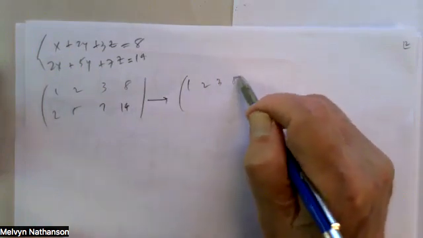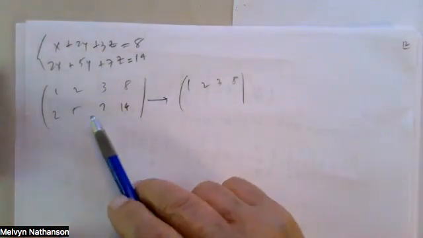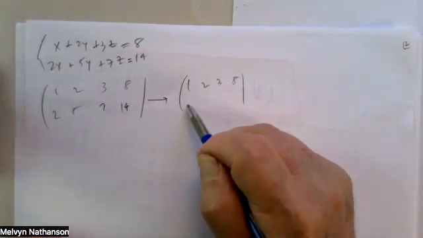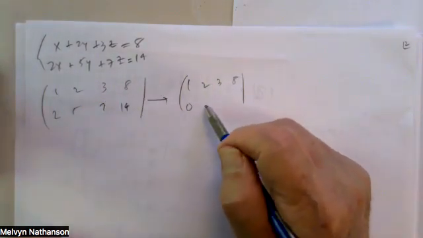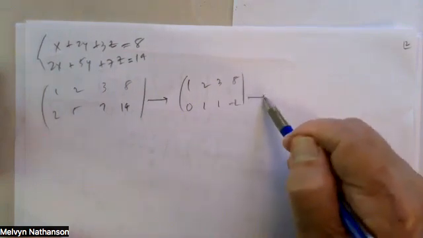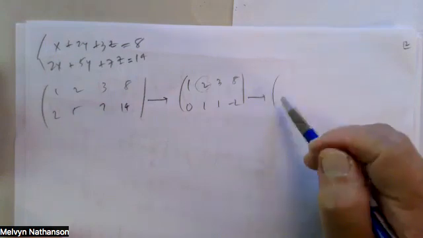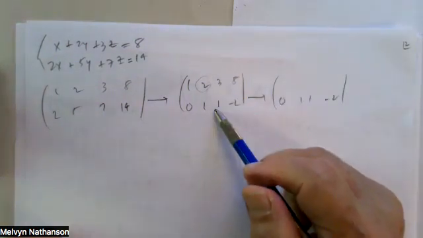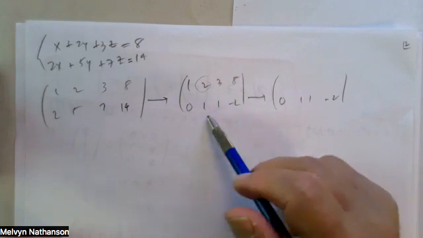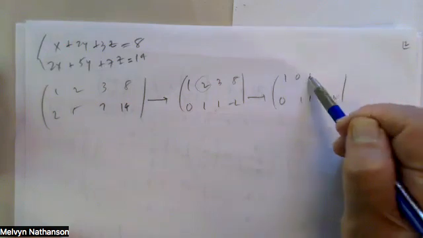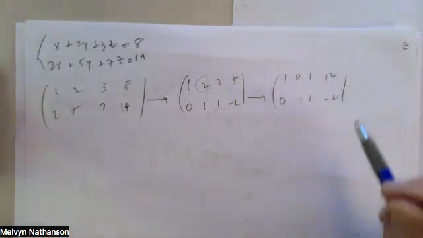So I have my first line, and if I subtract 2 times the first line from the second, I get 0, 1, 1, minus 2. And then to get a 0 here, I take the first line minus 2 times the second line. First row minus twice the second row. I get 1, 0, 1, 12.